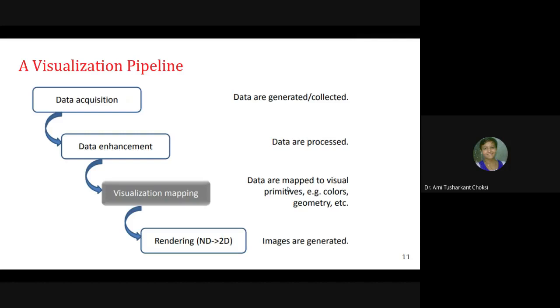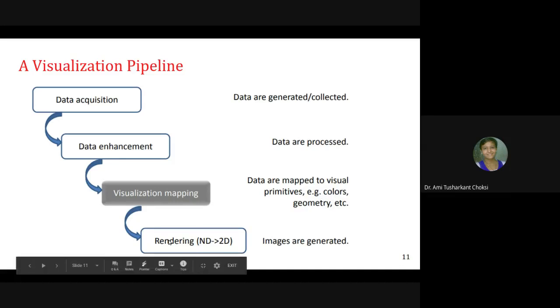That means data are mapped to visual primitives, for example colors, geometry, etc. Next one is rendering, n dimensional to two dimensional.